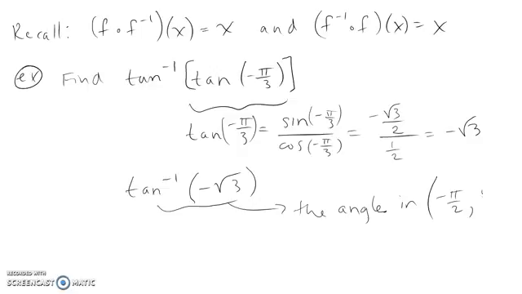So from negative pi over 2 to pi over 2, our restricted interval, not including negative pi over 2 or pi over 2, that has tangent value negative square root of 3, right? Okay, so what angle in negative pi over 2 to pi over 2 has tangent value negative square root of 3?